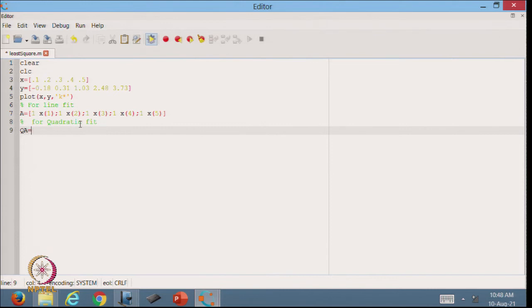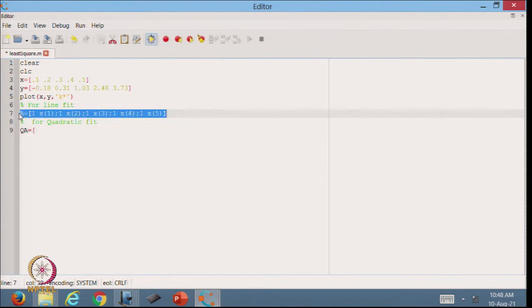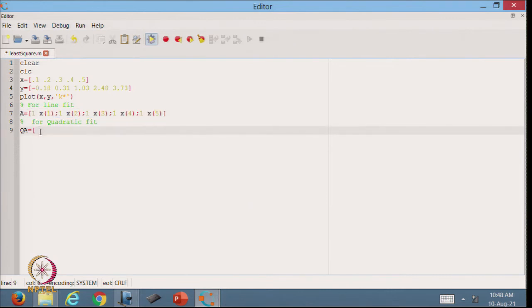If you see from here, I can write the same matrix here, and I will just copy this with Control C, so here I can take these values.